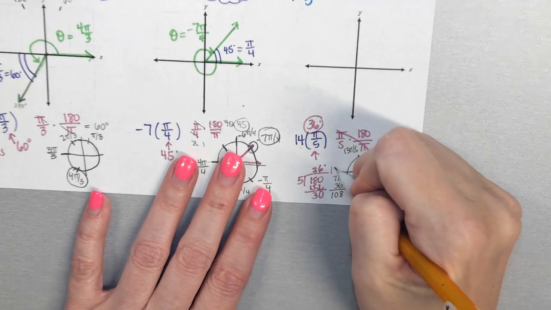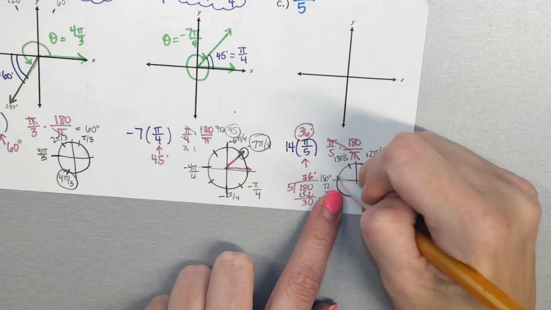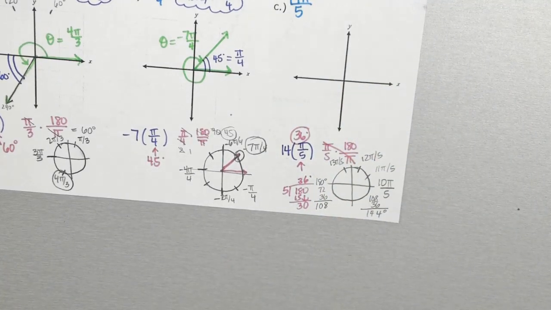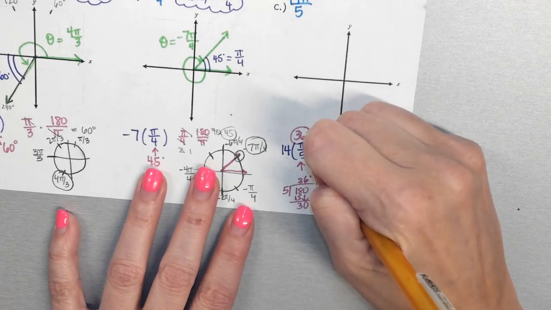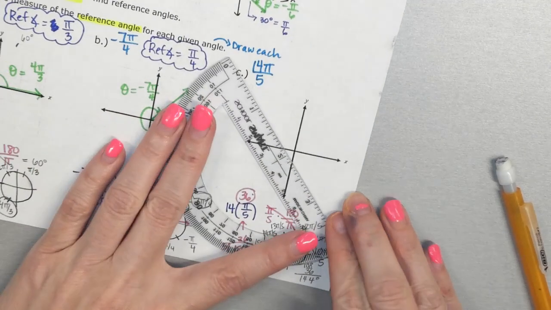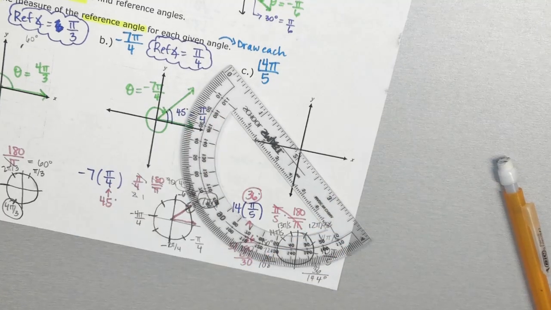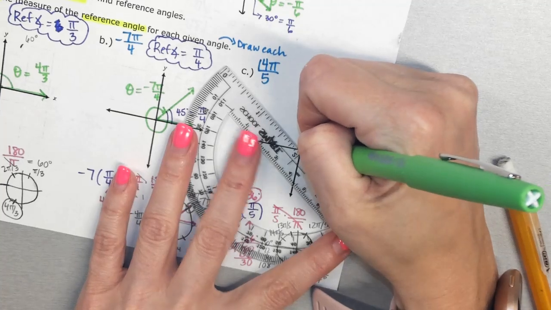If I know this is 180, then 144, the distance there is what? What's 180 minus 144? 36. So when I'm drawing out my angle, I know halfway is 45, so 36 is about 10 degrees lower than that.